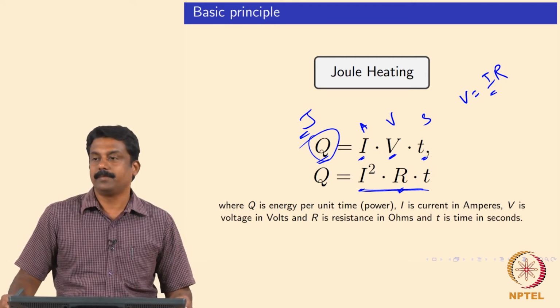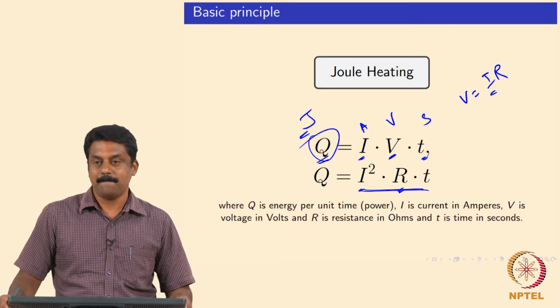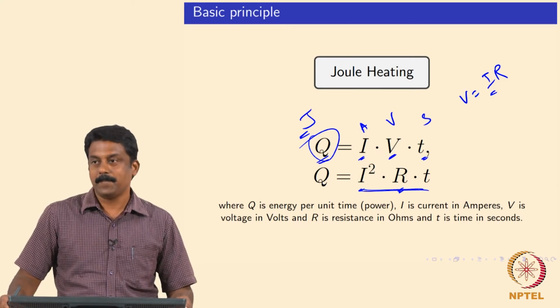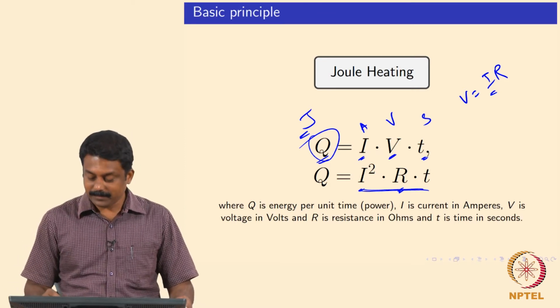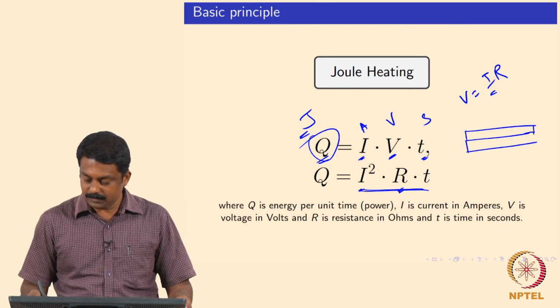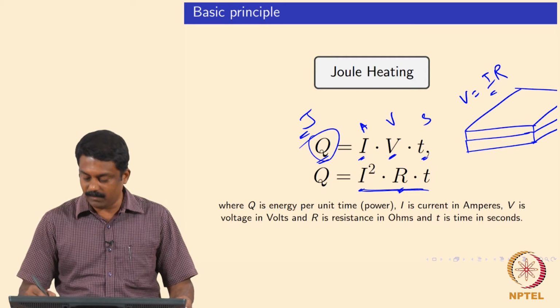And what is this R? What resistance are we talking about here? Electrode resistance. Imagine now I want to weld two sheets, something like this, somewhere say at the middle.